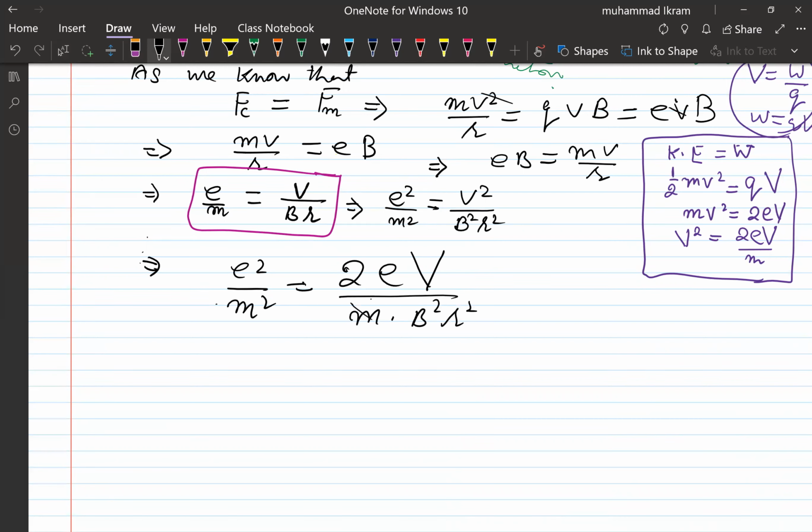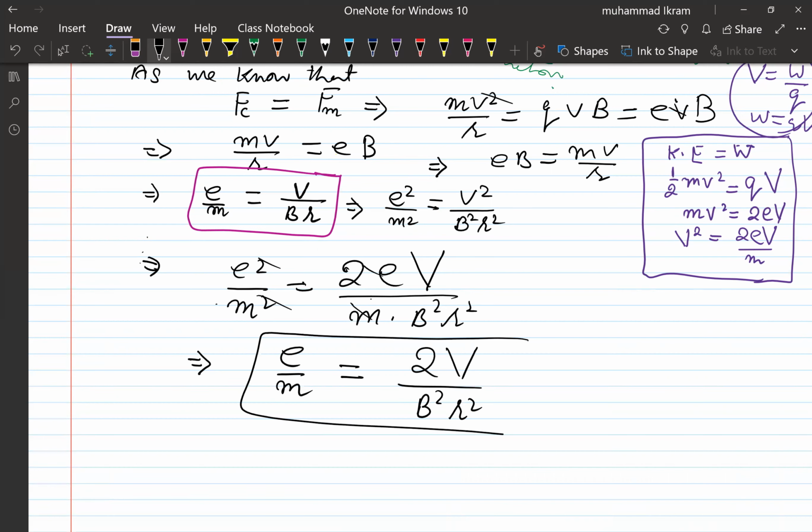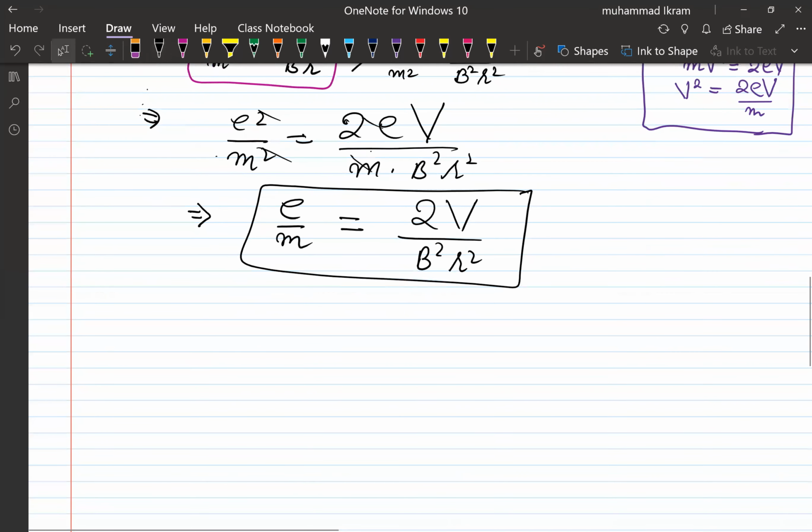So this cancels and this cancels, and the required equation is that E by M equals twice the voltage divided by B square into R square, where this V is the potential difference through which the charged particle is accelerated.